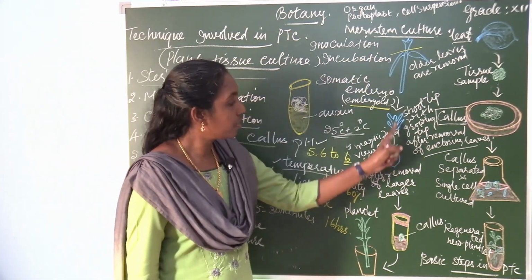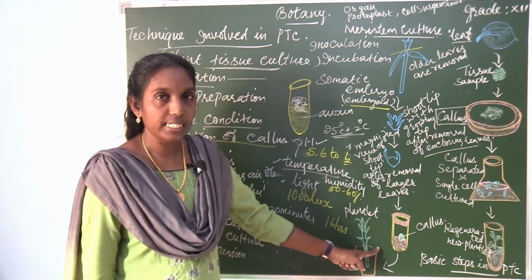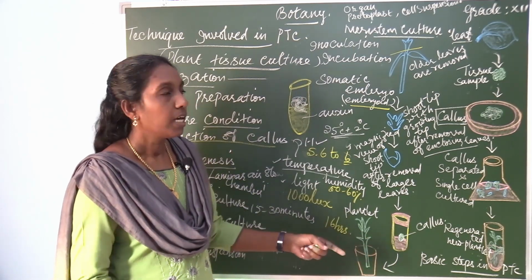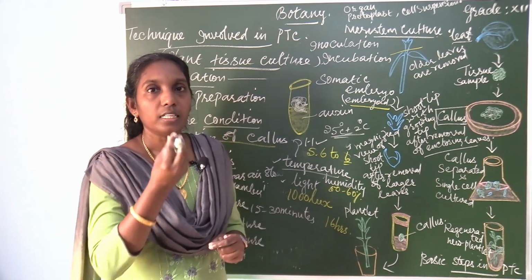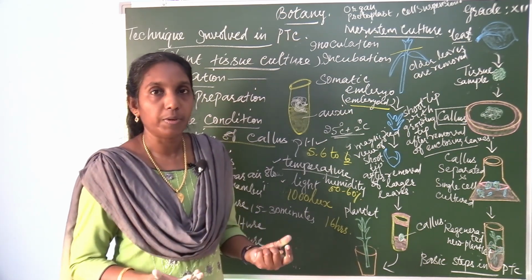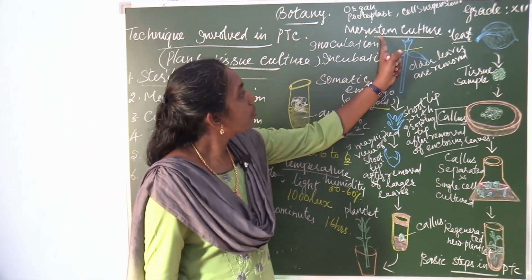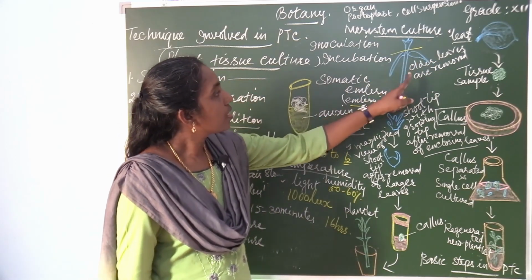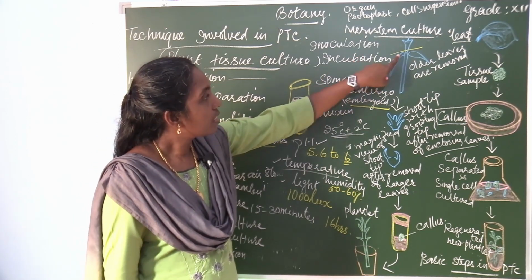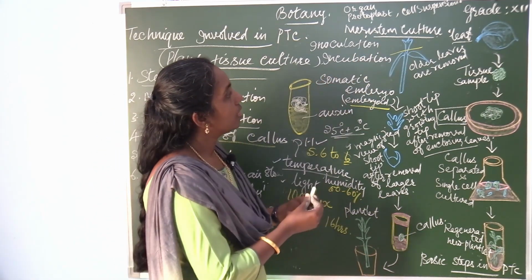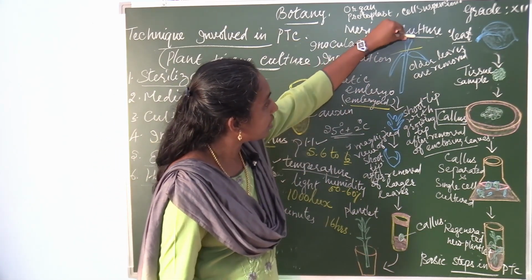Look at this diagram. This is the example of meristem culture. What's meristem? Here the meristematic cell is selected, either the shoot apical meristem or the root apical meristem. Here is the leaf part. The older leaves are removed. Here this is the meristematic region, and it is selected.